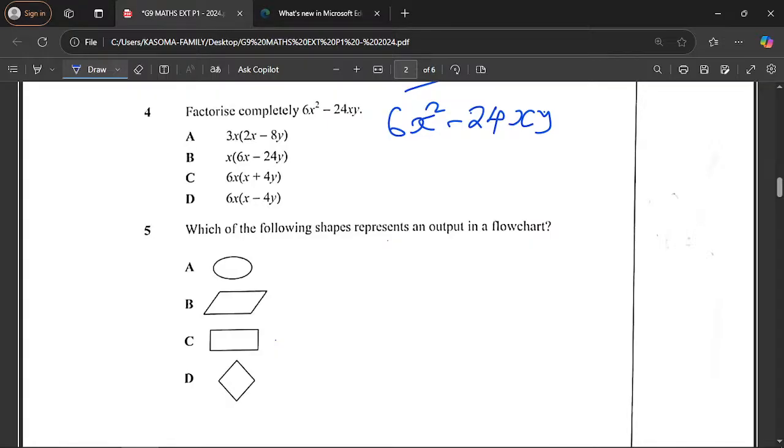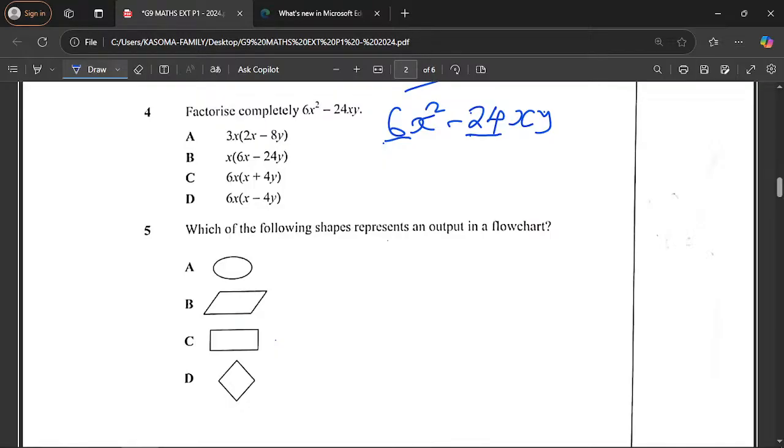The first thing we need to do is find the highest common factor of the coefficients, which are 6 and 24. Which number can go into 6 and 24? The biggest number.